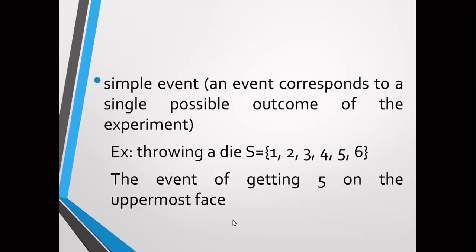Let's learn another event, simple event. Simple event means an event corresponds to a single possible outcome of the experiment. For example, if we roll a fair die, we can get the sample space like this: 1, 2, 3, 4, 5, 6, because the die has 6 sides numbered from 1 to 6. If we define an event as getting 5 on the uppermost face, how many elements are there in that event?